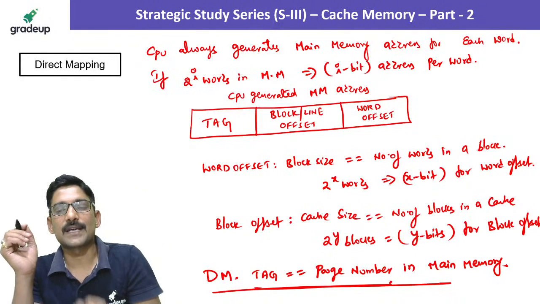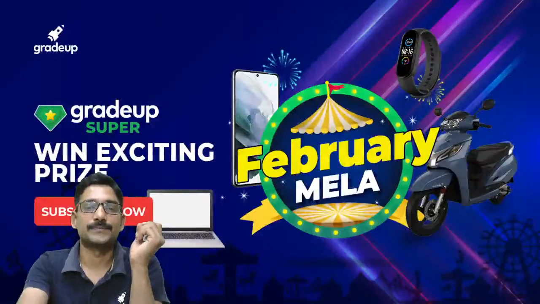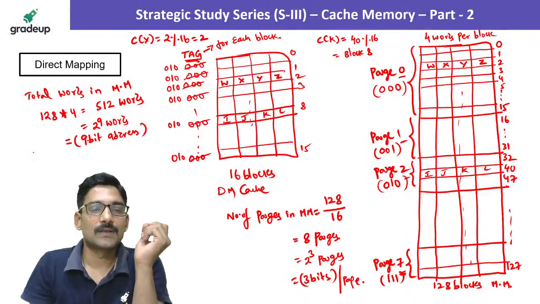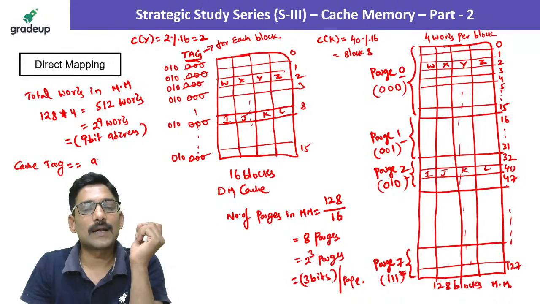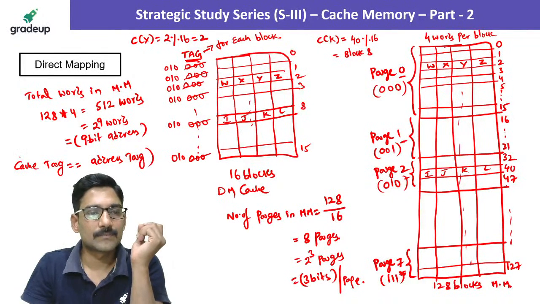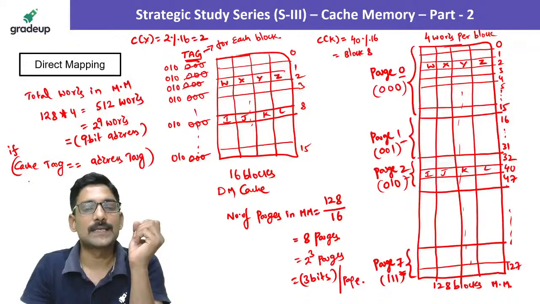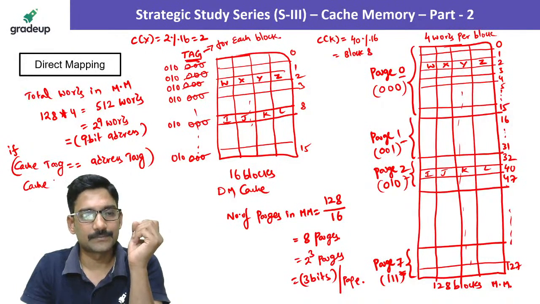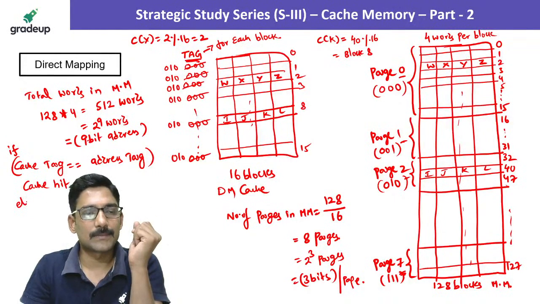It takes the cache tag and compares it with the address tag. If the cache tag and address tag match, that is what we call a cache hit in DM. Otherwise, cache miss.